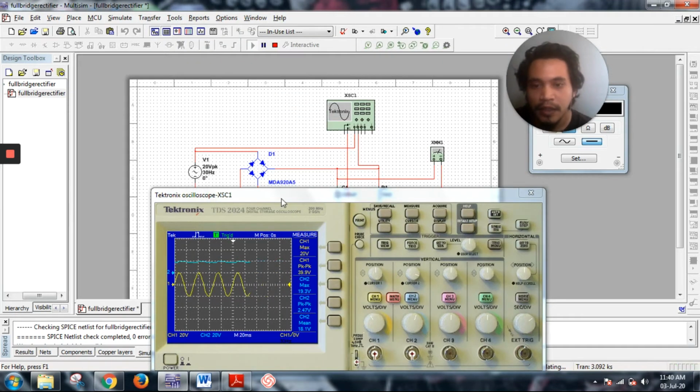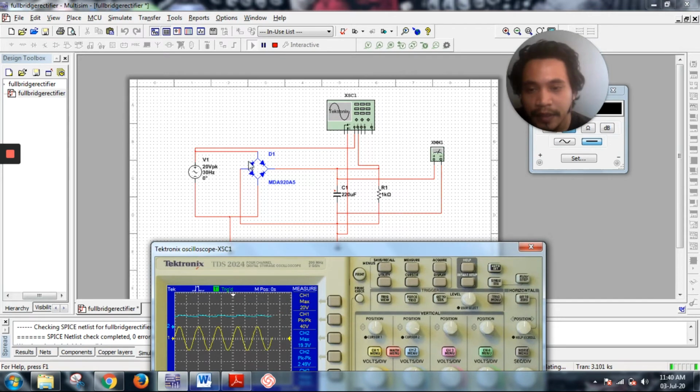Because each time the current goes through D1 and D2, there's a 0.7 volt loss. The same goes with D4 and D3.